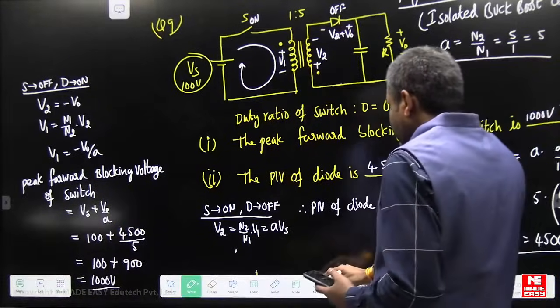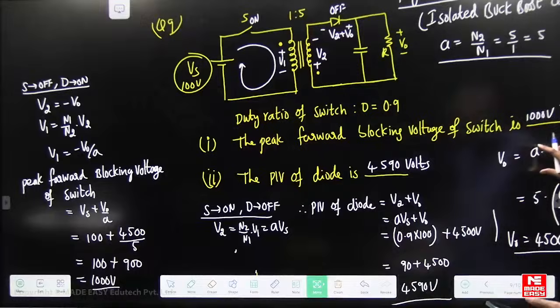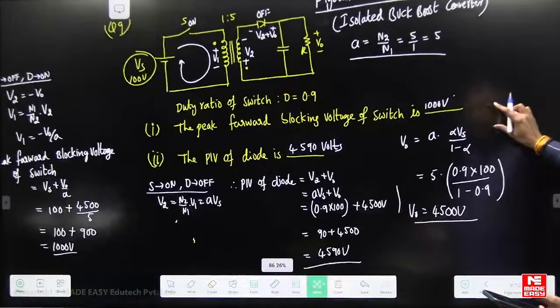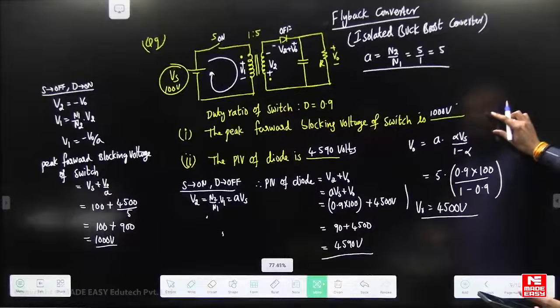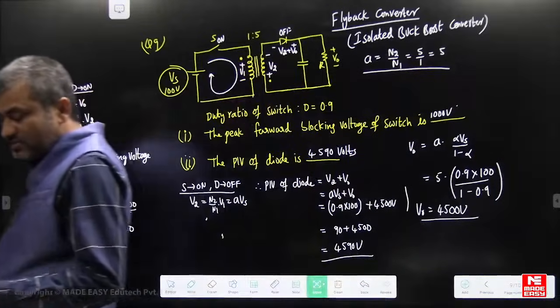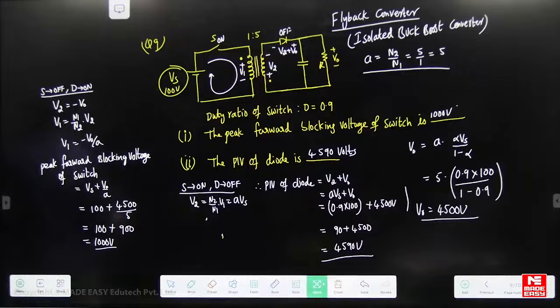So that is the right answer. Just go through this question, students. So PIV of the diode is 4590 volts and the peak blocking voltage of the switch is 1000 volts. Okay. So any clarifications from your side? I hope everything is clear, right?